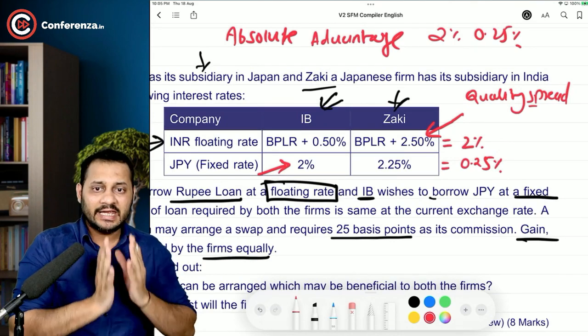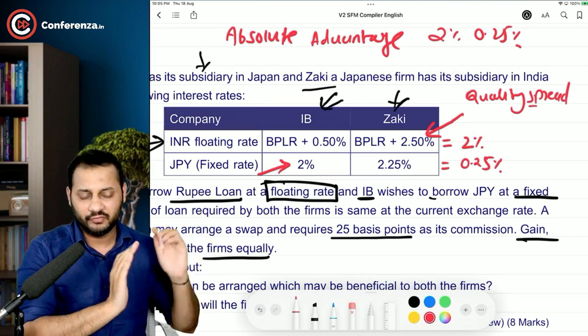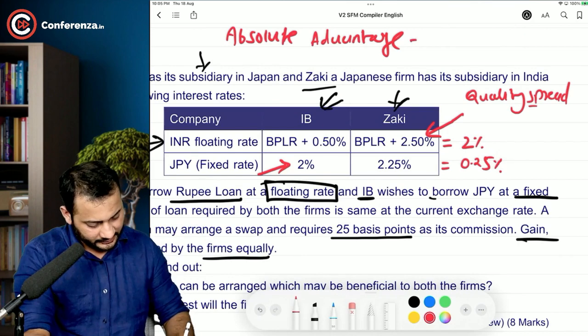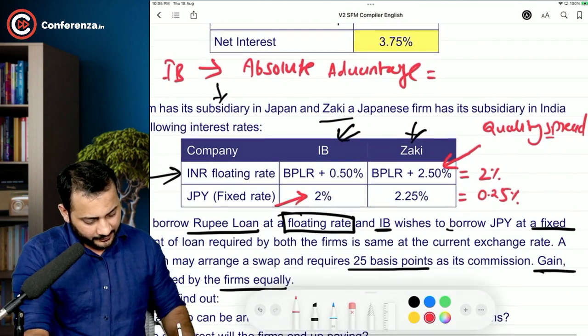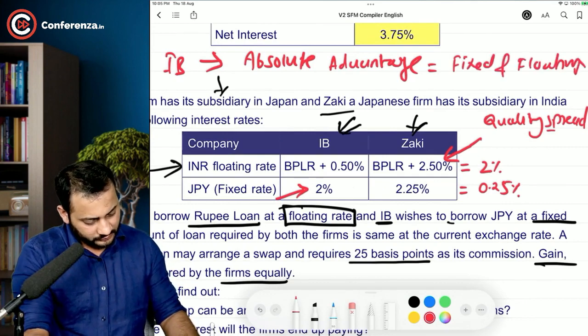So yes, IB is enjoying the absolute advantage in fixed rate and floating rate. So it's better to write down like this: absolute advantage. IB is enjoying absolute advantage in fixed and floating.